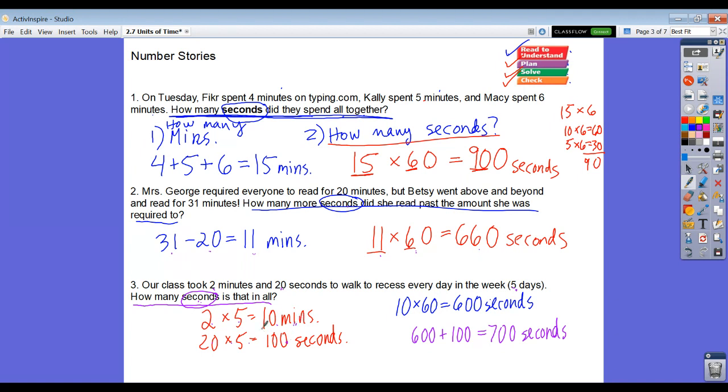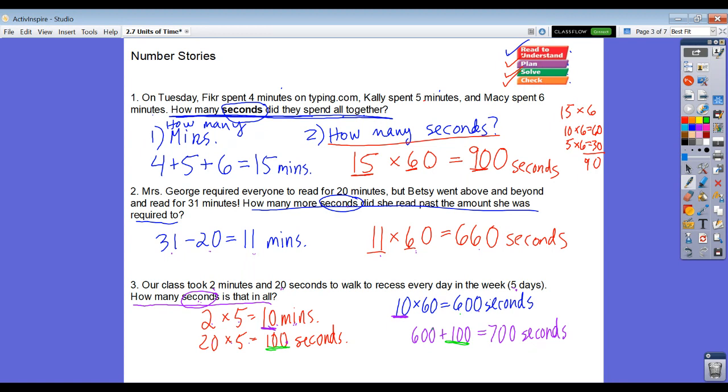So I took the 10 minutes and converted it into 600 seconds just by doing 10 times 60. And then finally, I had to add up the 600 I just got, plus that 100 seconds I'd already known. And then I got a total of 700 seconds.